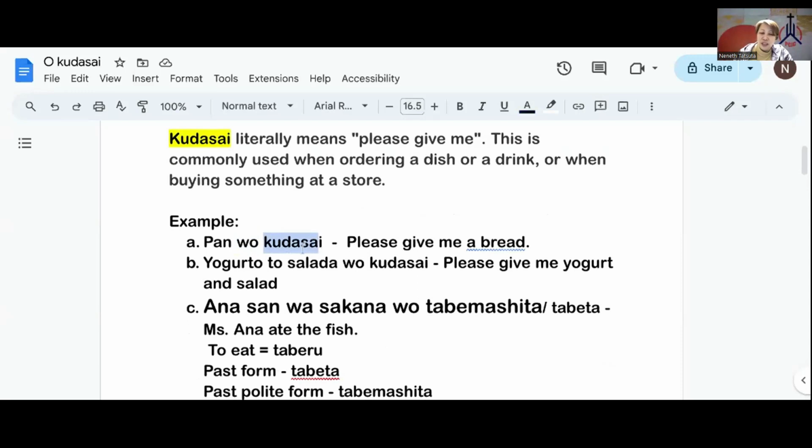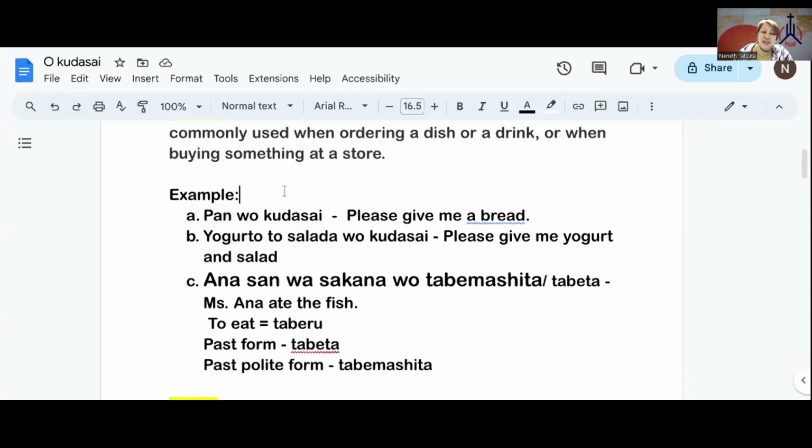So the word kudasai always comes with the wo and your object. Okay, this is now your object. Pan o kudasai. So please give me a bread.